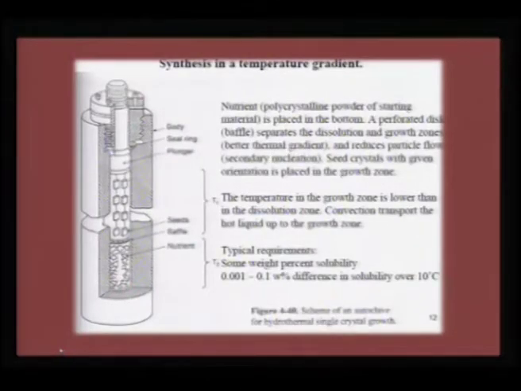When we think about growing large crystals, then in a typical autoclave you need to have a temperature gradient, and this is how it is. We will come to this scheme later, but generally you need a temperature gradient where you take the nutrients, which is nothing but your starting material, and then these are the seed crystals which are hanging there, and there is an orifice which will actually prevent the particle flow, which is the secondary nucleation, from occurring.